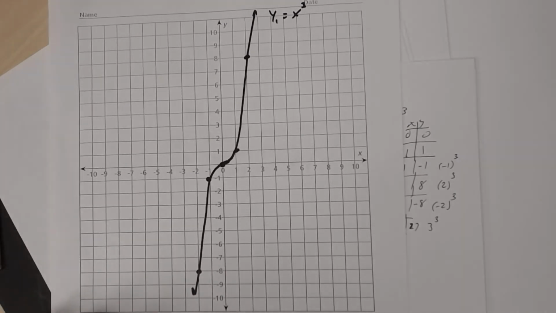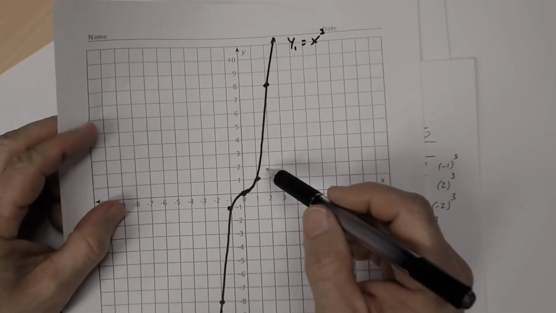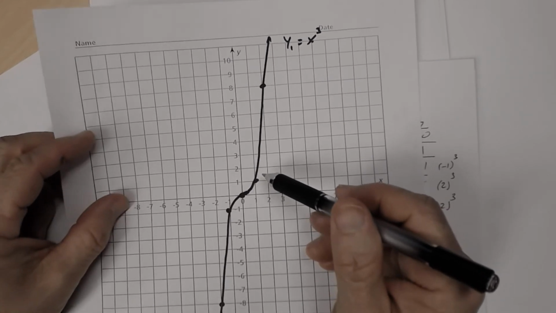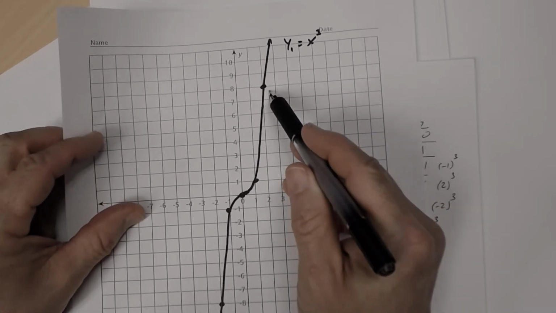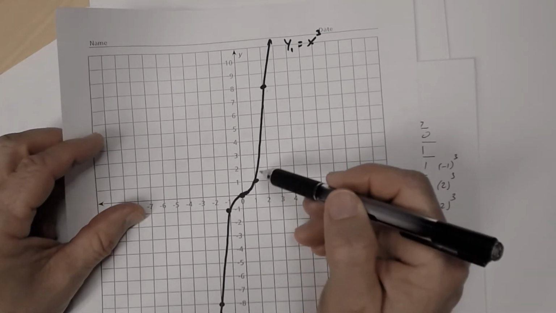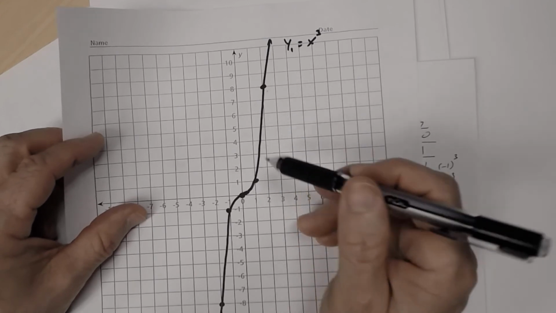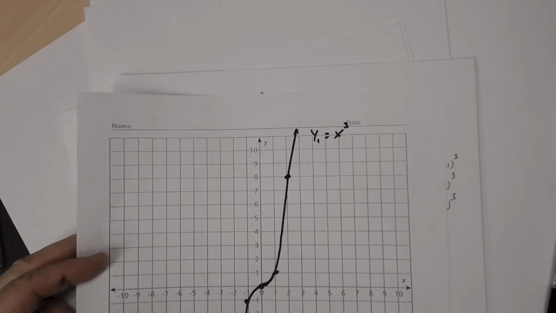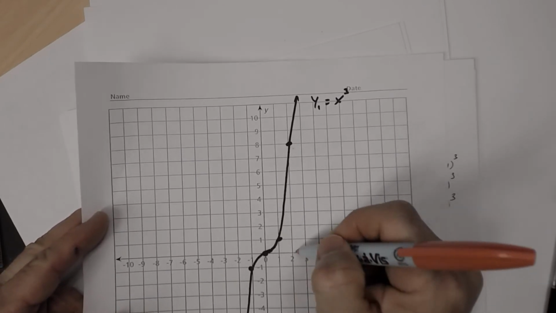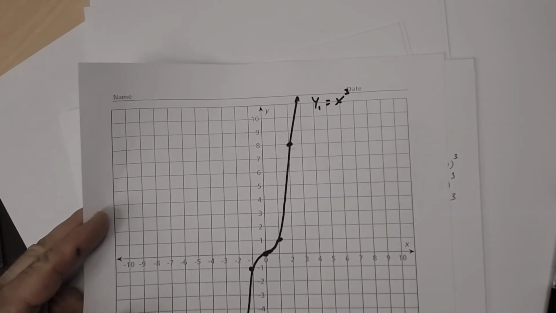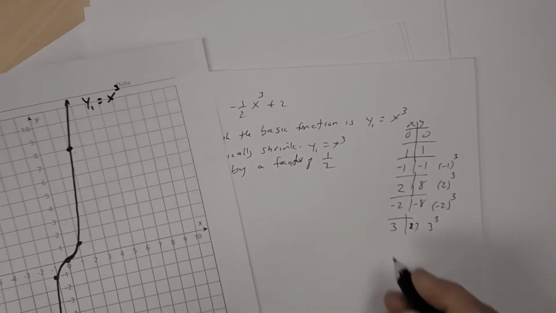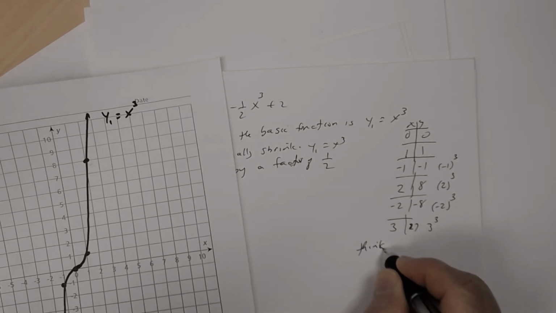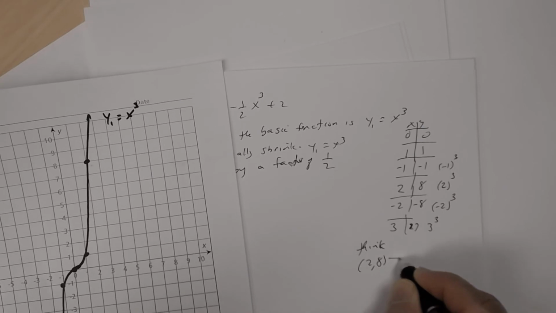Okay? All right. So remember what happens when we vertically shrink or vertically stretch. The x value stays the same. It's the y values that we multiply by our factor. So the point 2, 8.